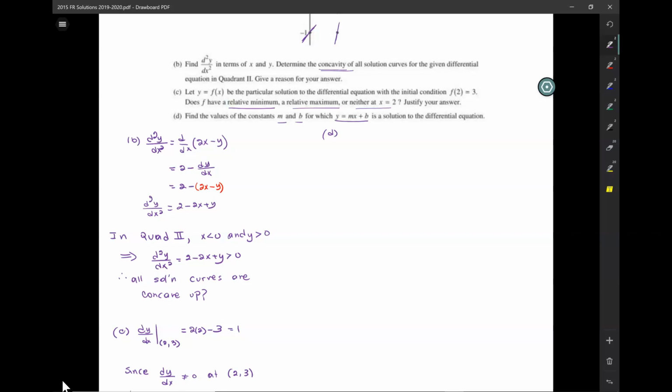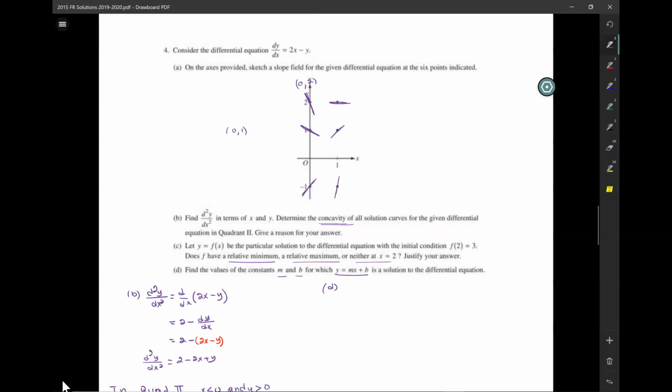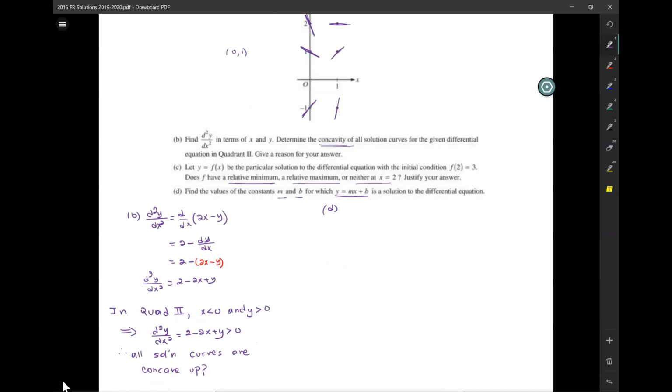Okay, so let's put our phones away for a minute. So dy dx, what's the slope of mx plus b? Yeah, so dy dx is equal to d dx of mx plus b, which is equal to m. But our global dy dx is equal to 2x minus y.